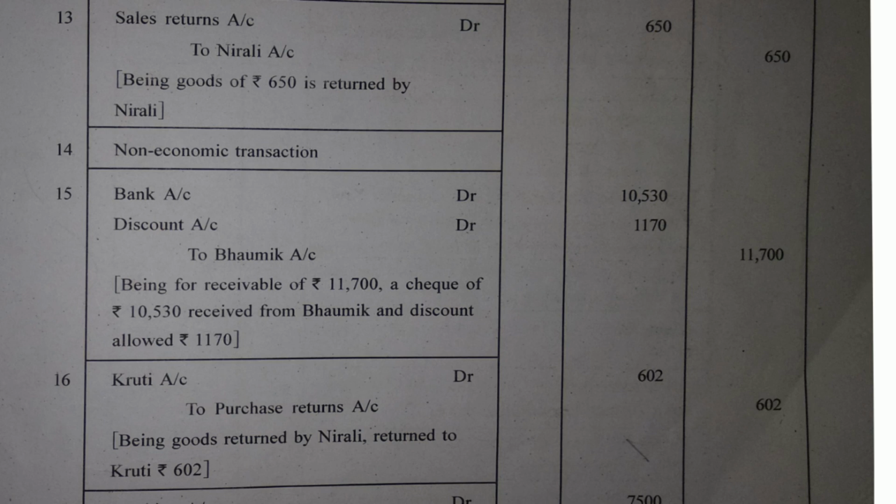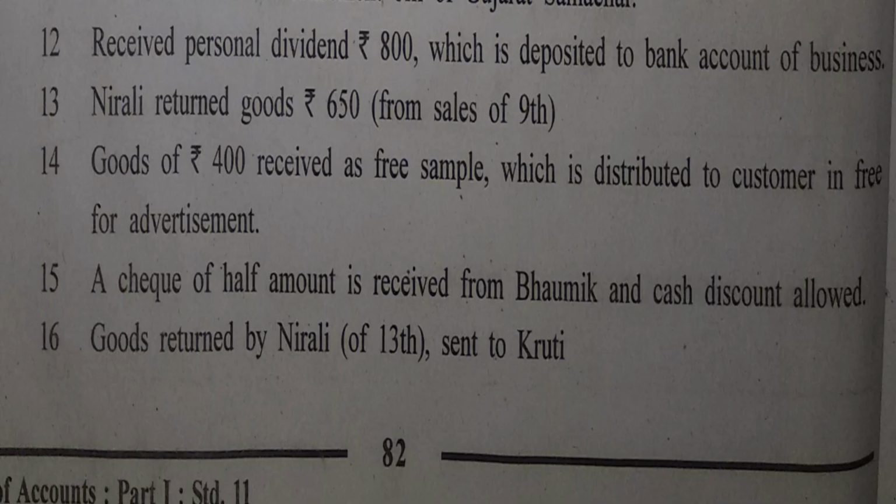Discount is given to Bhomik and it is our expense. Discount allowed is always an expense. So discount account debit 1,170. And who is giver? Bhomik. So credit the giver. To Bhomik account 11,700. Alright. That's all. Moving towards the next journal entry on 16th.